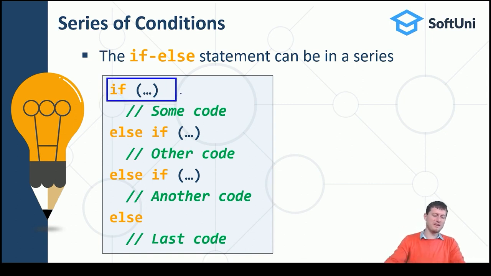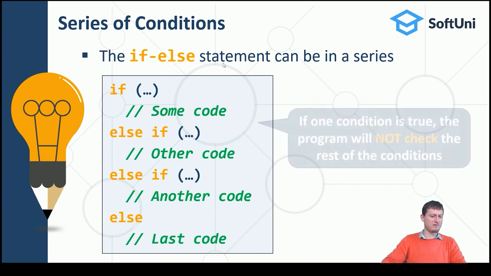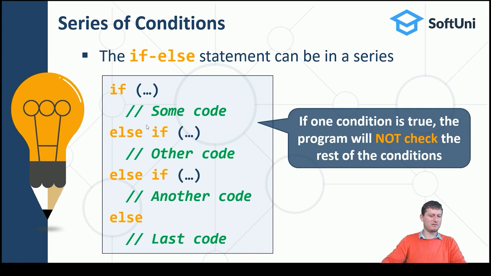If something is true, run this code. This might be a single line of code or might be some brackets and several lines of code or commands or statements enclosed in this block. Otherwise, check another condition. Otherwise, check another condition. Otherwise, check another condition.